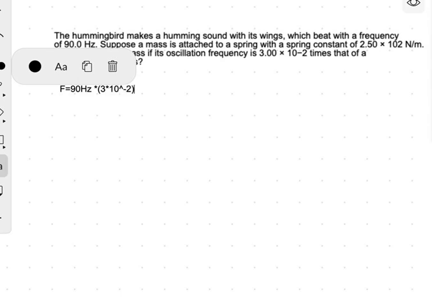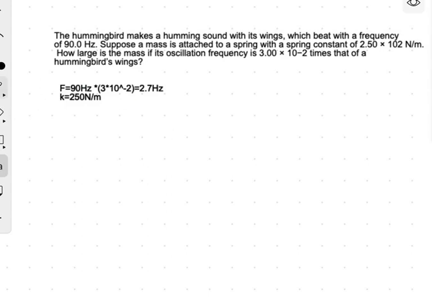So we're going to take 90 and multiply it by 3 times 10 to the power of negative 2, and if you put that into your calculator, you should get an answer of 2.7 hertz. Okay? So then we've got another number, which we're told is the spring constant. So we've got k is equal to 2.5 times 10 to the power of 2, which is 250 newtons per meter. And that's all the information that we've been given so far.